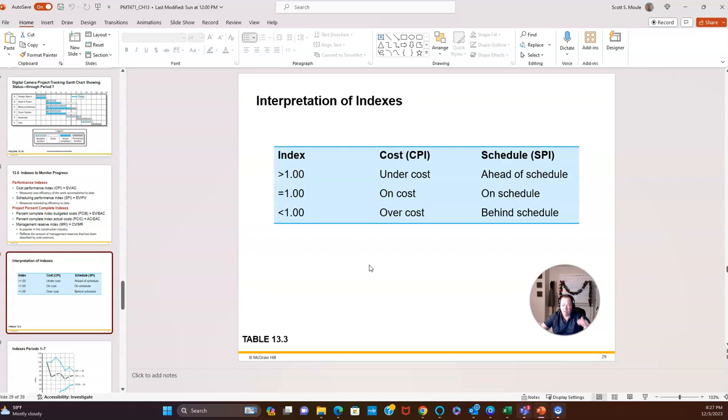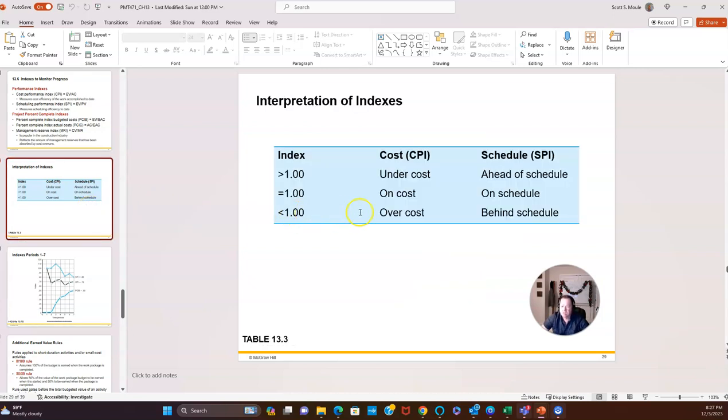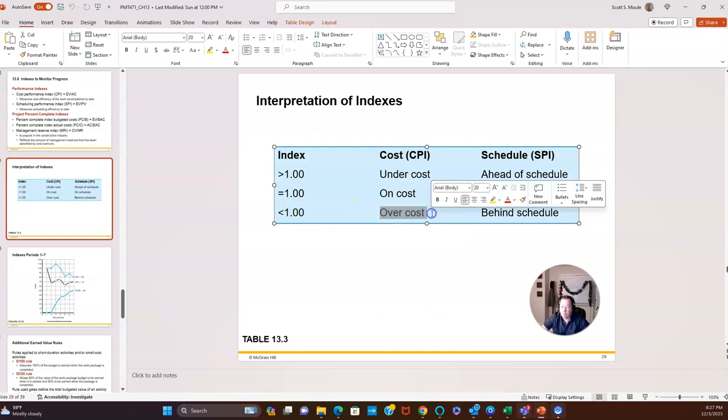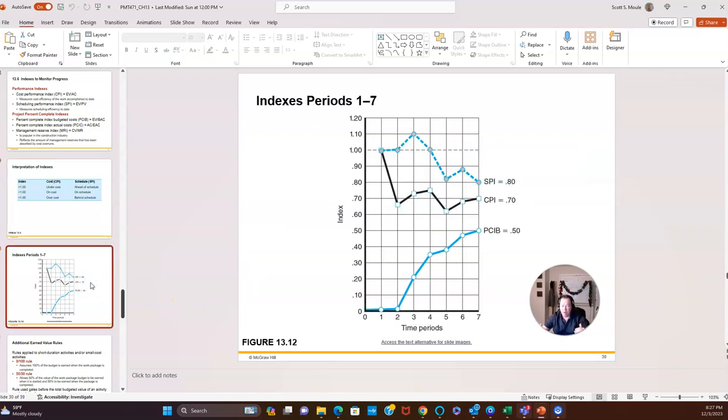To give you an example, if I'm running an SPI of 0.8 and a CPI of 0.7, I automatically know my project's over cost and behind schedule. As an executive, I would say, you're running a 0.8 and a 0.7. What are you doing to keep your project on schedule and on cost?